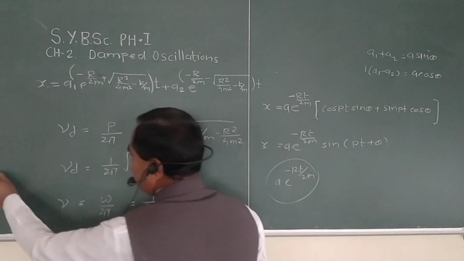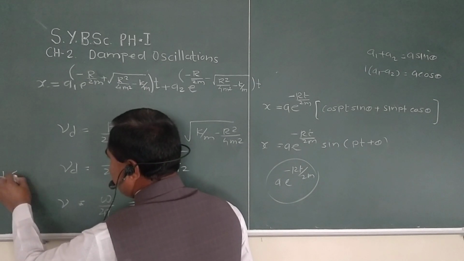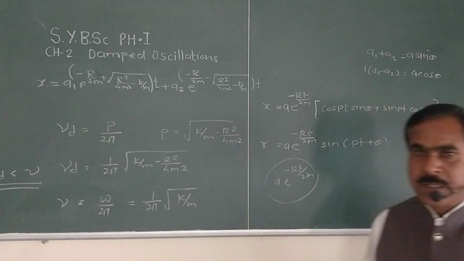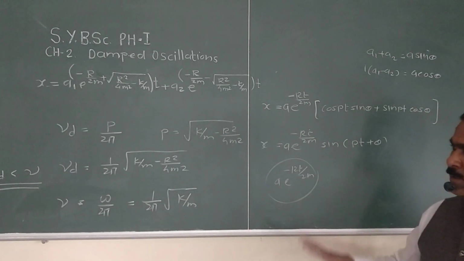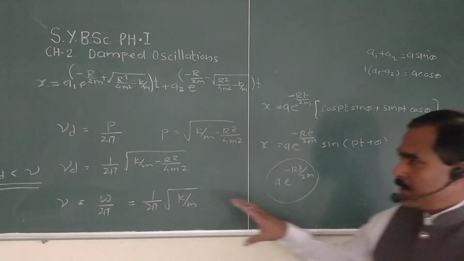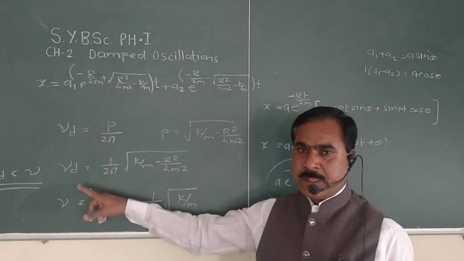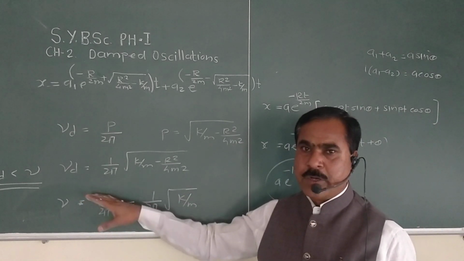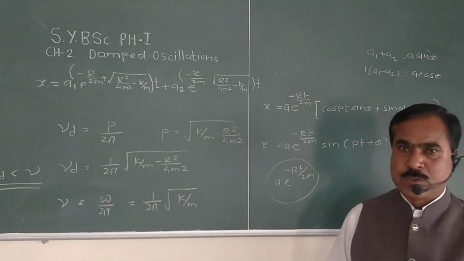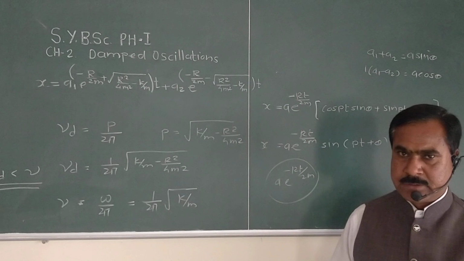That means nu d is less than nu. So from this we conclude that the damping frequency decreases. That means there is a fall in frequency and decrease in amplitude. These are the two effects of damping.